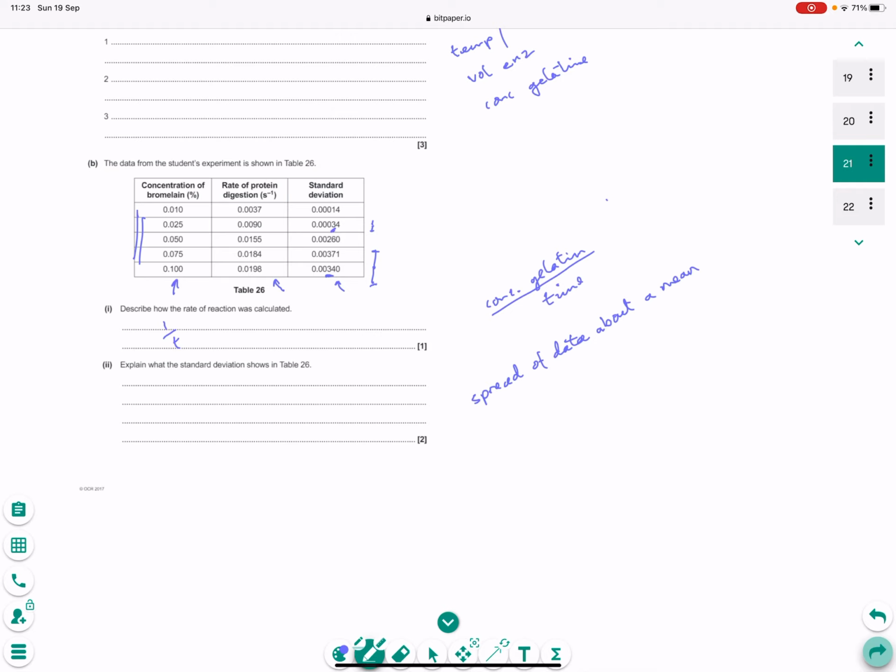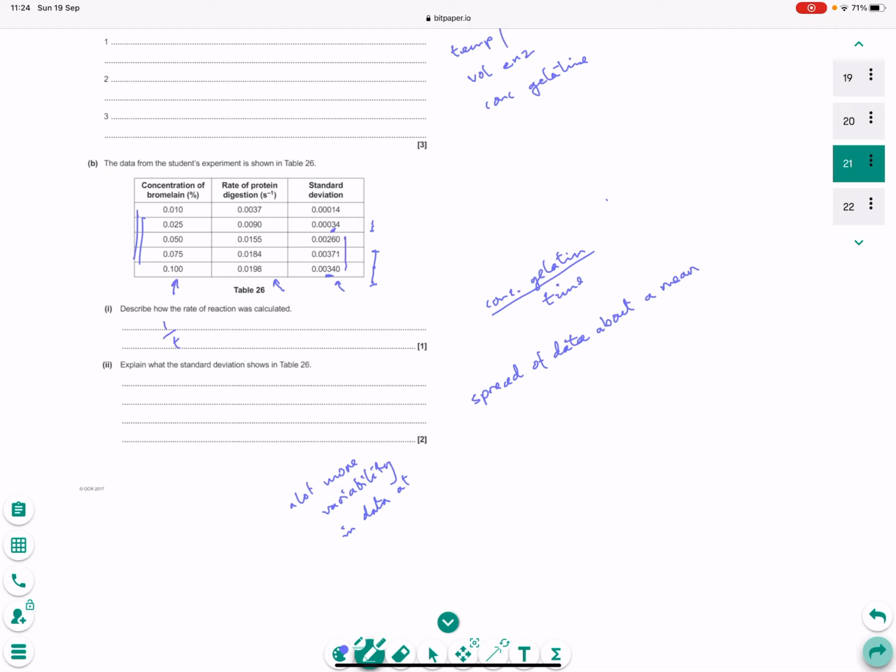This, as I was talking about here, shows that you get a lot more variability, or it's more variable in data at higher concentrations, I would say.